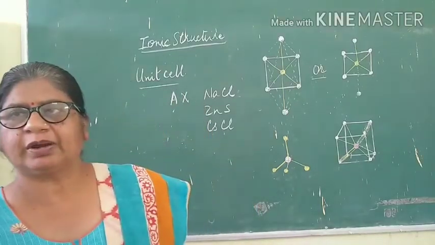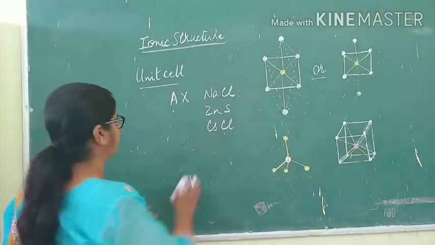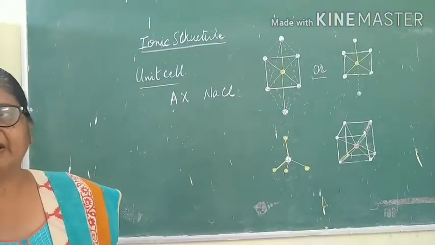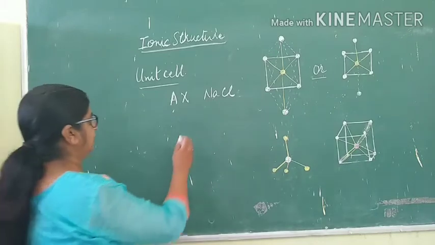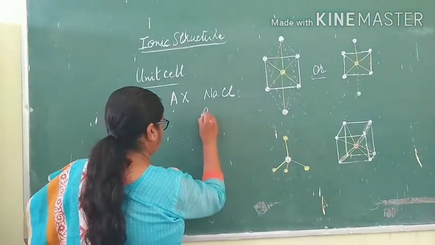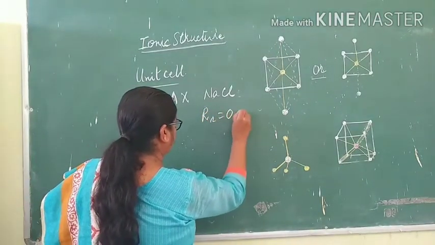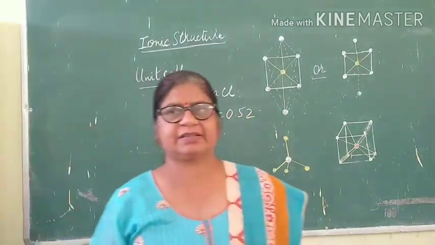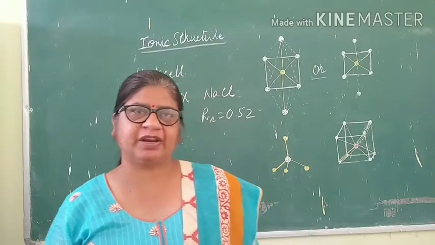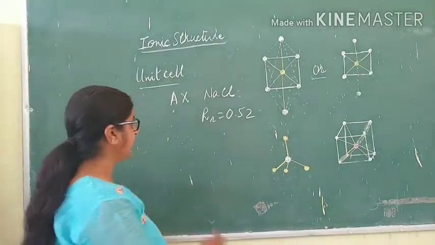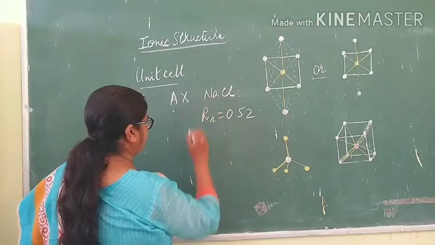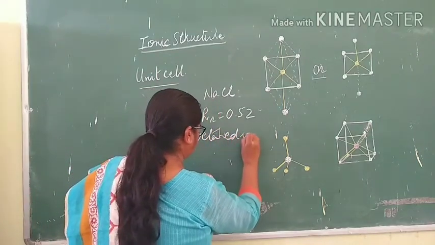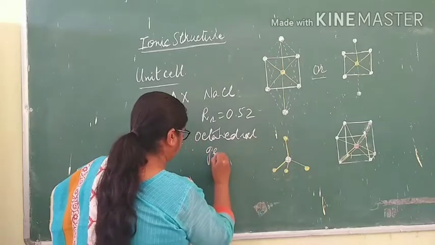In the sodium chloride type of structure, the radius ratio, which we have done earlier, is found to be 0.52. As per this radius ratio, we can assume that sodium chloride will have octahedral geometry.